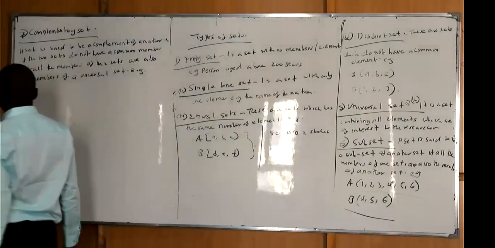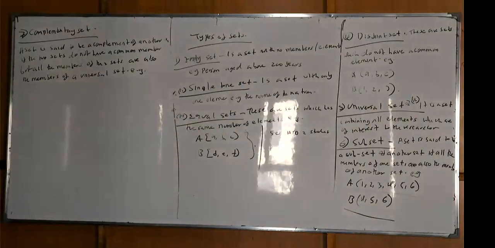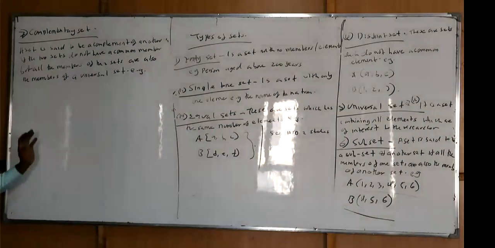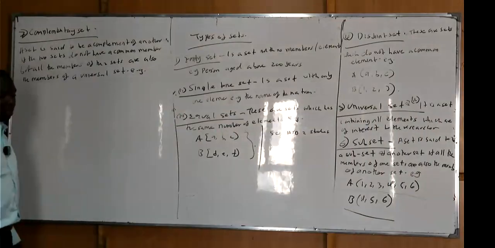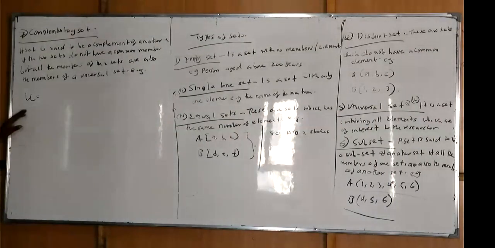Then a complement set, we have said, a set is said to be a complement of another set if the two sets do not have a common member, but all the members of the two sets are also the members of a universal set. For example, let us start with a universal set.